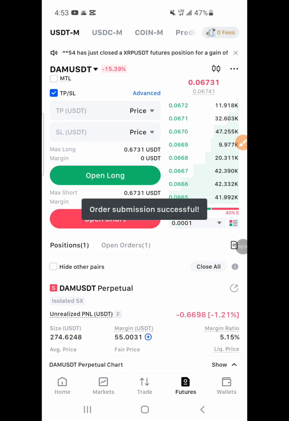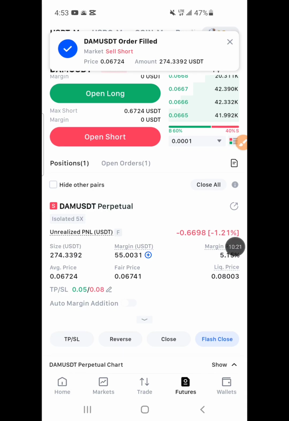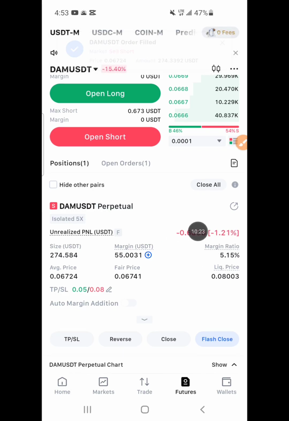Immediately I open this trade, you can see right now that I'm already in loss. This is where you are going to be seeing whether you are in profit or in loss. Once this turns to green, you are going to see plus some amount, 0.1 or plus 2, plus 3.